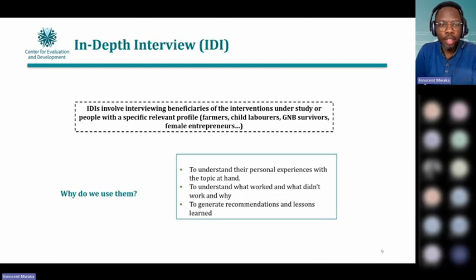So if, let's say, GIZ is implementing a project in Uganda, and there are officials within GIZ, maybe the project officer, the M&E, the head, we would design questions related to implementation, and these would be key informant interviews. Also, government actors who are involved in this project we would consider key informants.